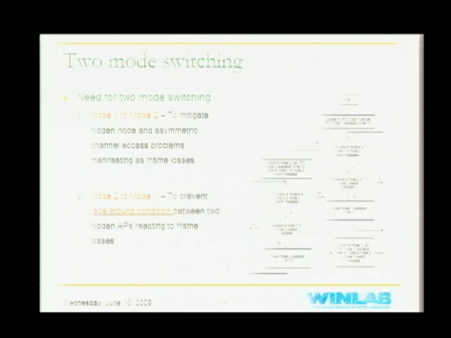If you want to account for frame losses, you would want to switch to mode 2. And mode 2 to mode 1 is to counteract the race around condition. So you might want to periodically check whether you have entered a race around condition or not. So you unconditionally go back to a pure RSSI mode and make sure that the problem is solved.